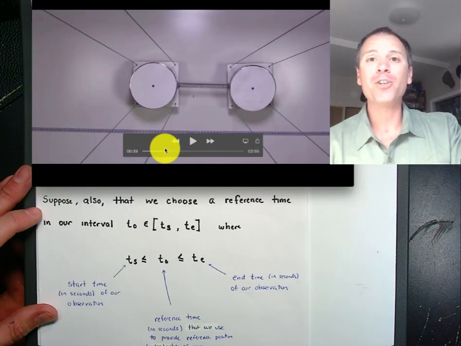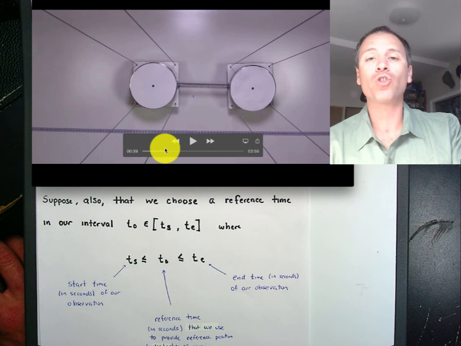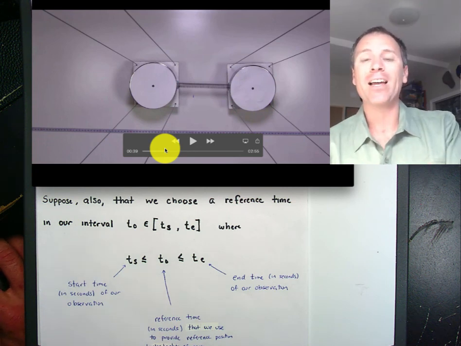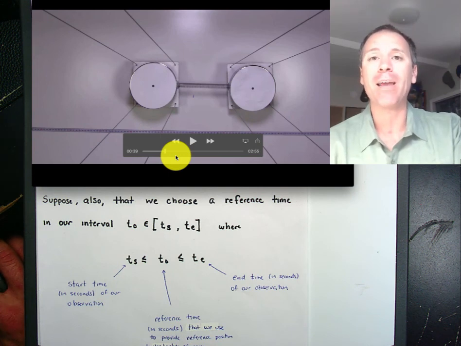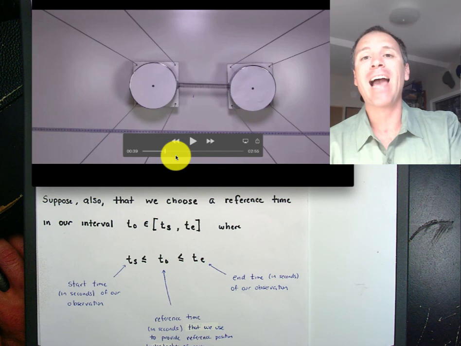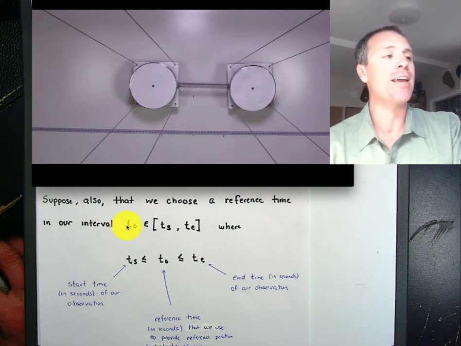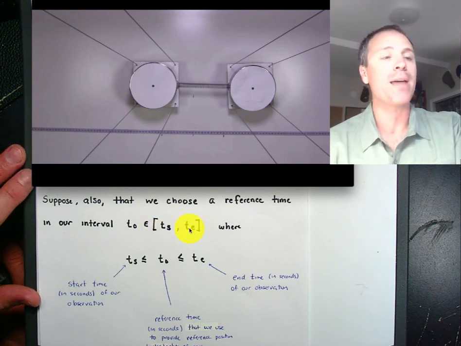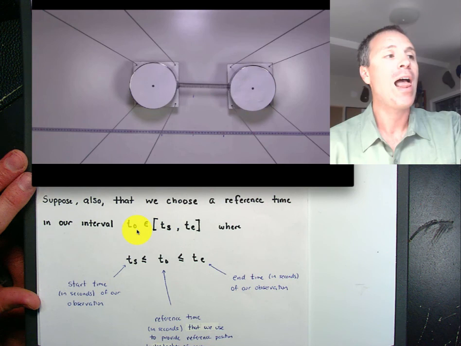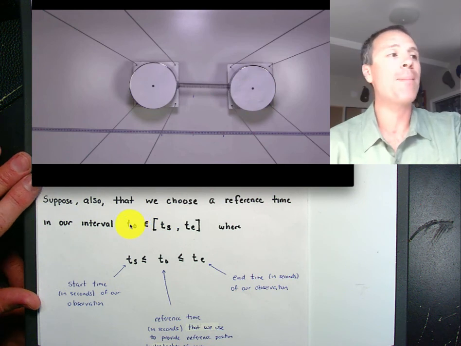The next thing we're going to do in the practical problem of trying to match up theory and data is actually peg a reference position or a reference time so that we can match the data that we start with to the observed phenomenon. Specifically, we're going to say for some time within our observation, within the start time and the end time that we're trying to model, let's choose a reference time, and we'll call that reference time t naught.